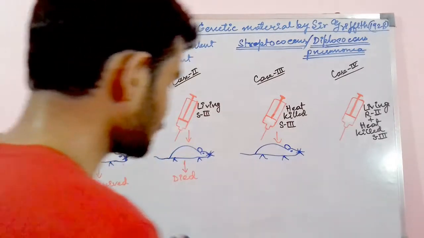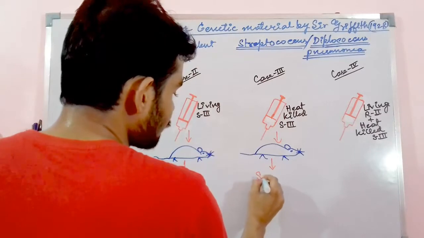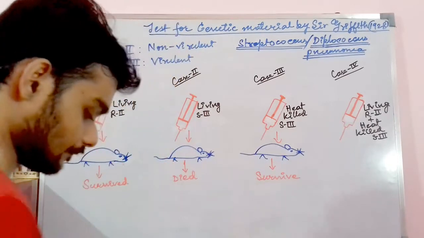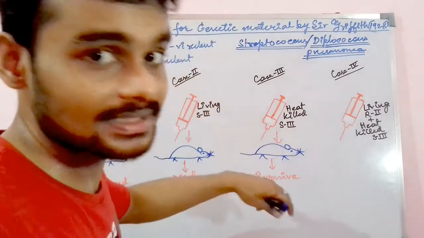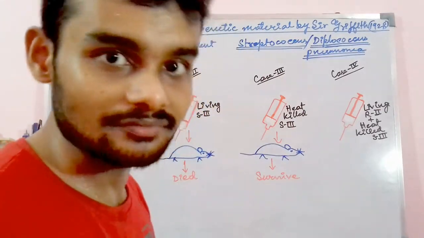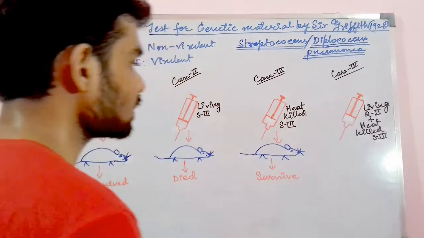And as a consequence of this, the mouse was able to survive. Okay, because it did not cause the disease, so the mice was easily able to survive with the bacteria inside, okay, inside their body with the colony of the bacteria.